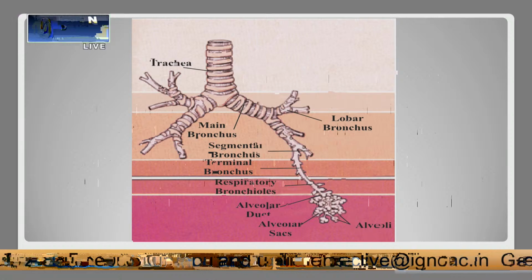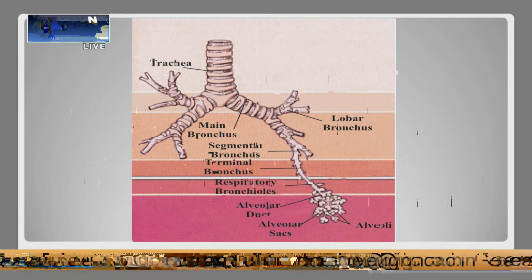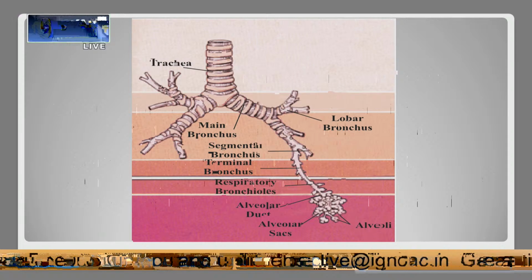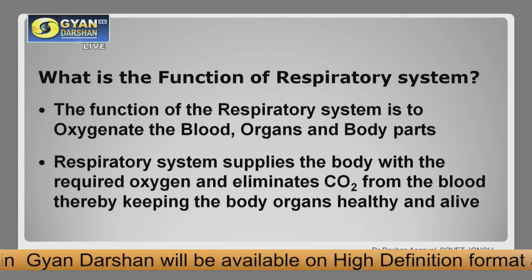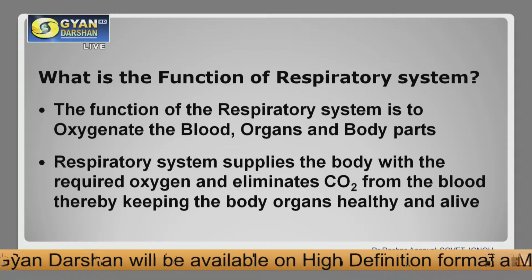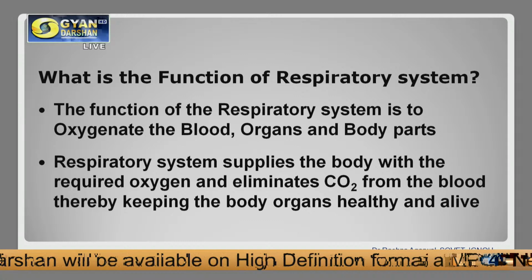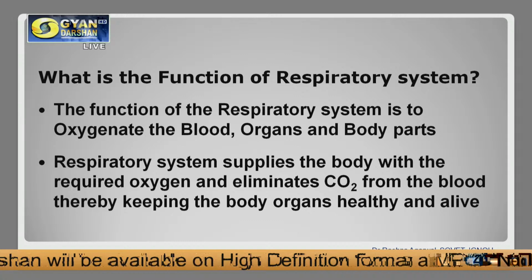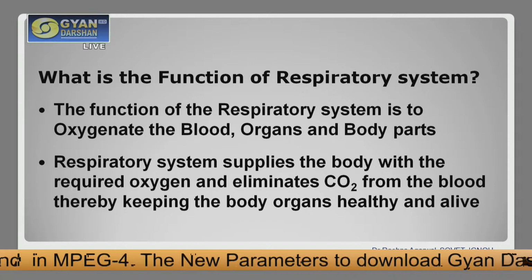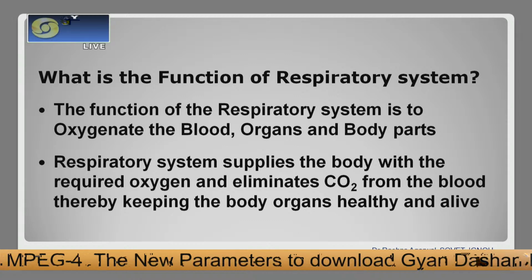Now blood is the only medium which helps in carrying these oxygen molecules into the organs from the lungs and taking out the carbon dioxide from the body parts or organs back to the lungs for expiring.